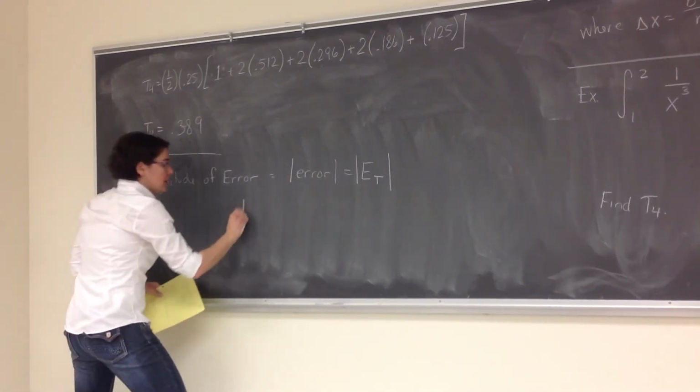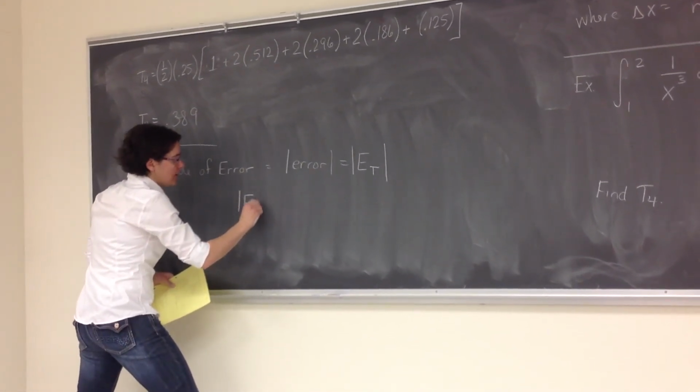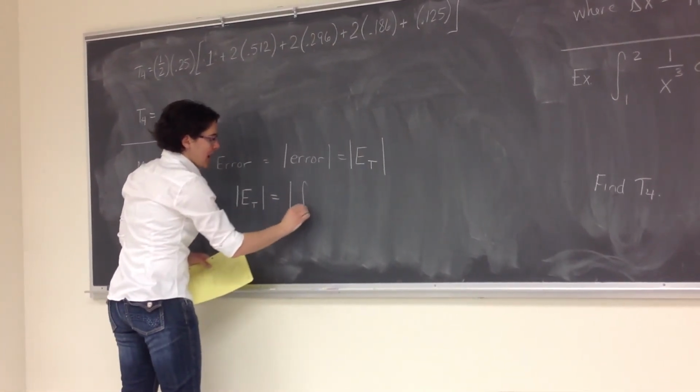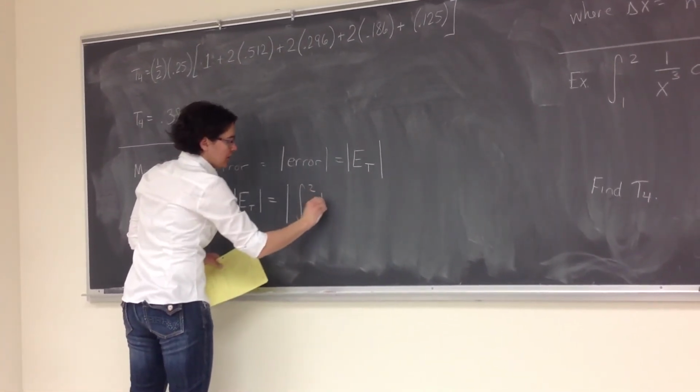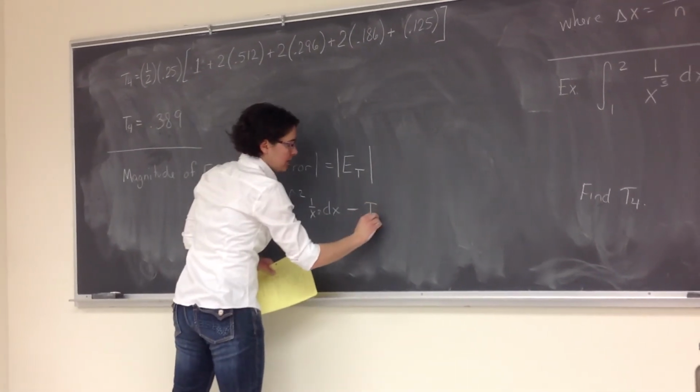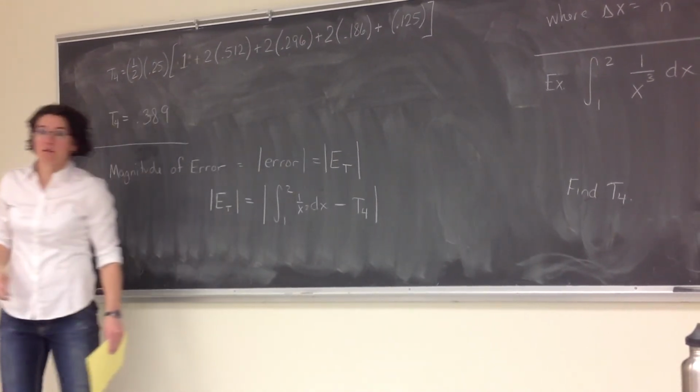The way we calculate this is we take our actual integral from 1 to 2 of 1 over x cubed dx, and we subtract off the value that we got when we approximated the integral.